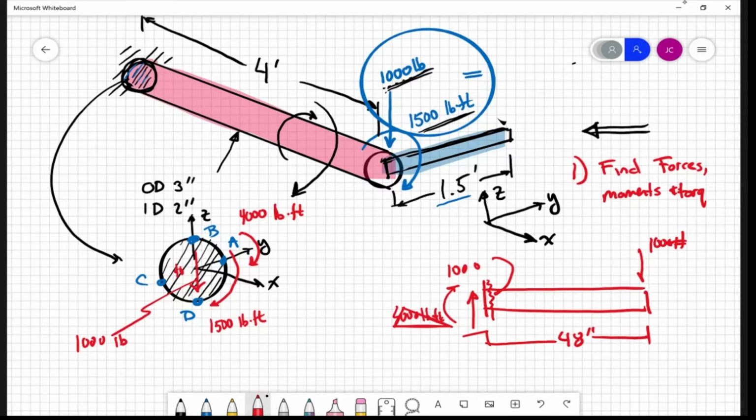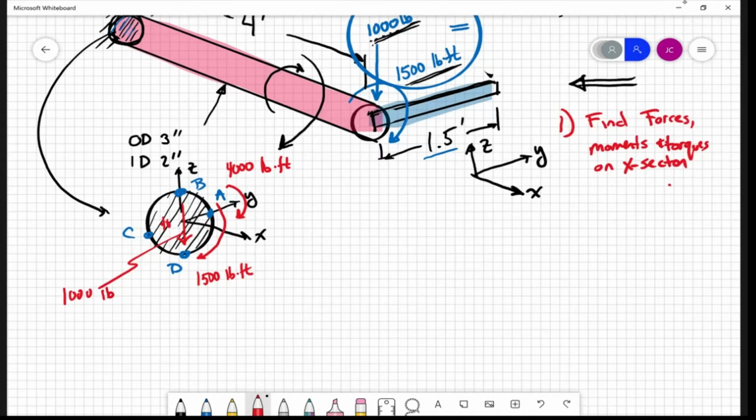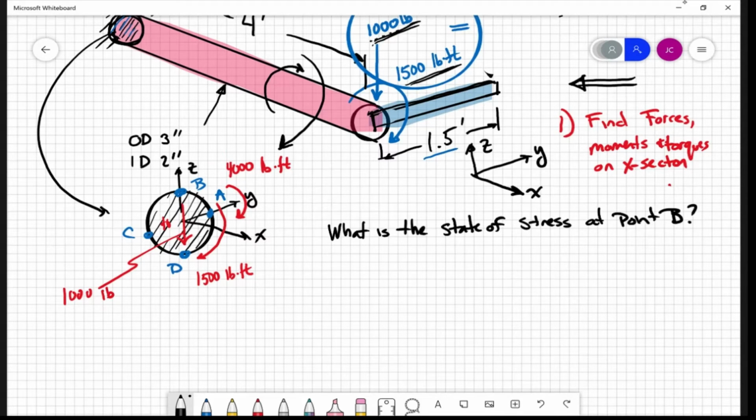All right. Now, the next thing that you're going to want to do is they're going to ask you to calculate the stress state at a particular point. So, for example, let's say the problem were to ask us, what is the stress state at point B? Okay, so let's say that that is the problem.